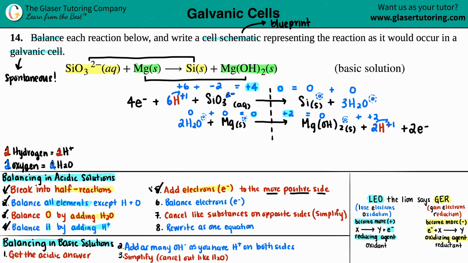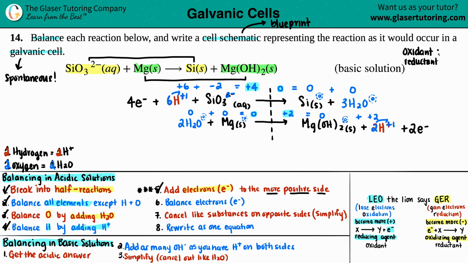Now, step 5 is a very, very important step because you can find out a lot of things from step 5. The first thing we're going to do is find out which one is the oxidant and which one is the reductant.